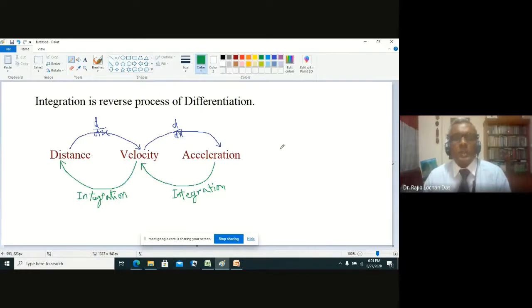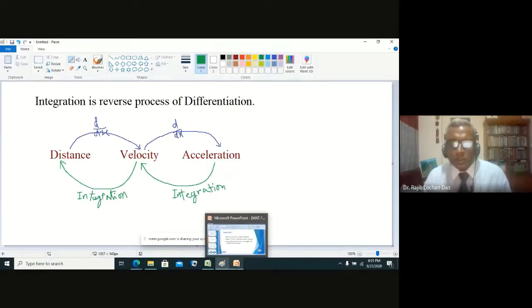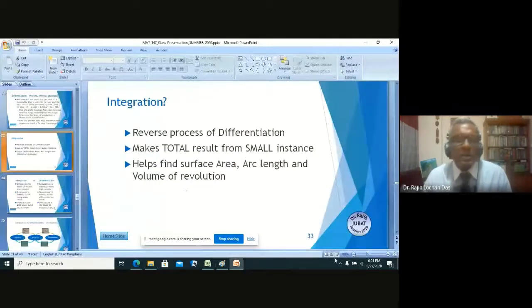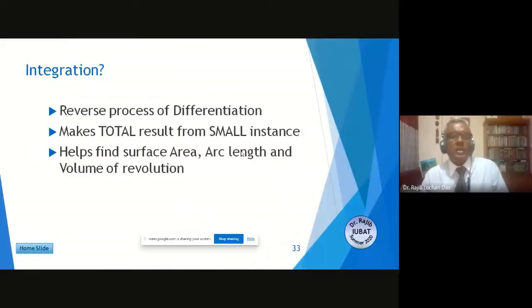Okay, so let me show you a few slides. I will share the slides with you later, no problem. But if you want, you can just copy or write. So these are the slides here. Can you see my slide? The first slide is integration, and 3 points are written here.